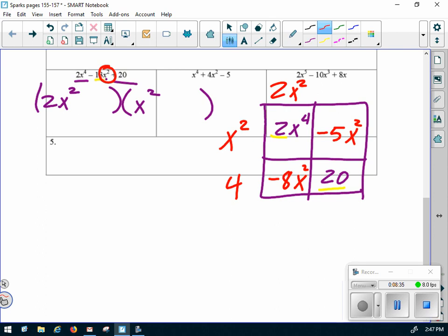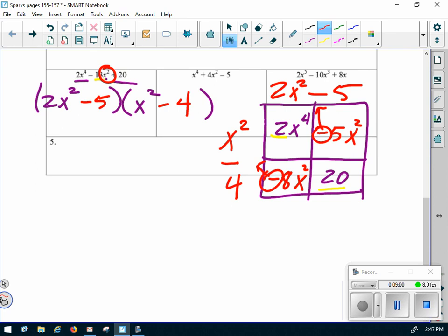Is there a GCF in this column? What signs do you use? You use the signs of whatever sits here and here. Minus, minus. So this is 2x squared minus 5 times x squared minus 4.